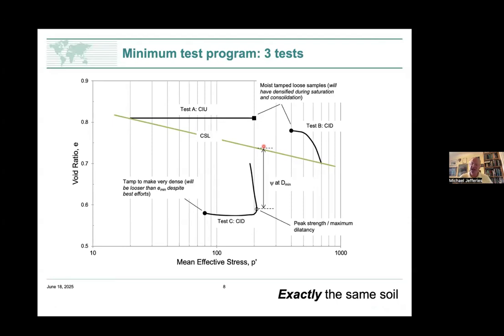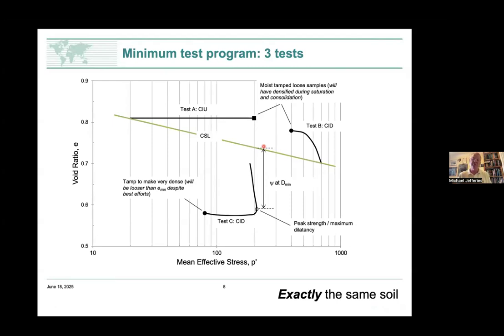Again, the reason I put exactly the same soil on the bottom of the slide is each of the three tests is done from the same stockpile of soil. So there's no question that the tests have identical gradations in each one. Now, in reality, you will not get away with three tests.